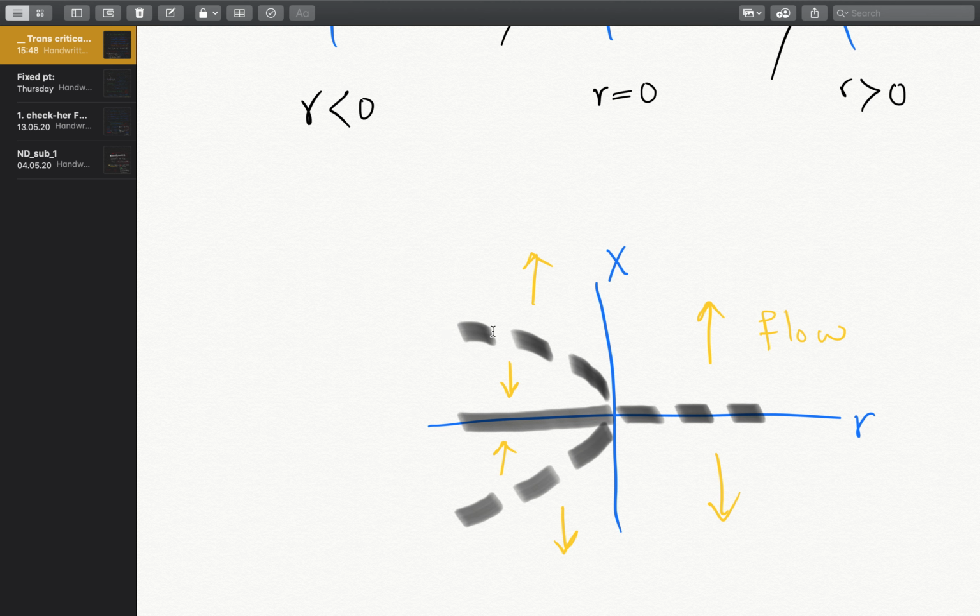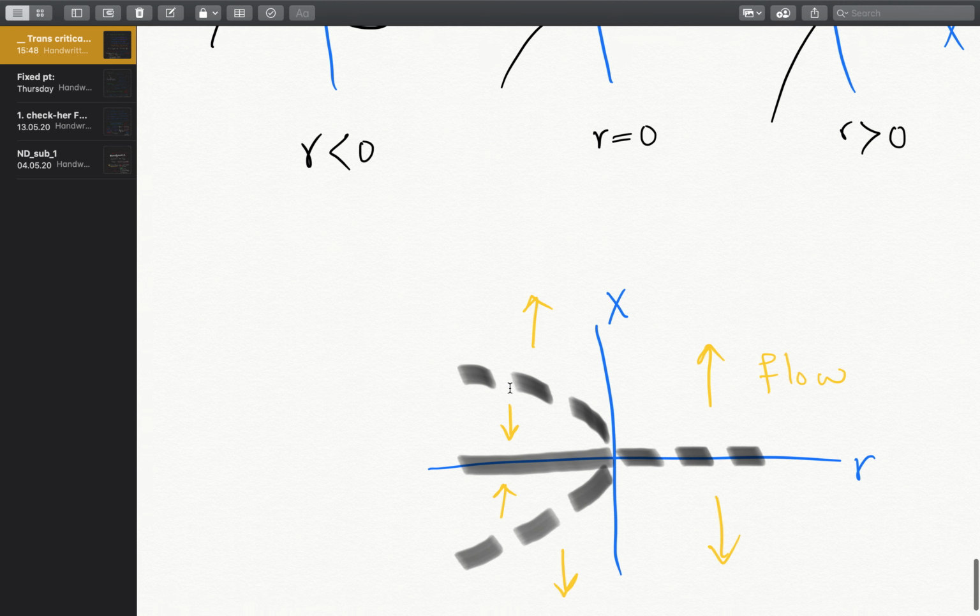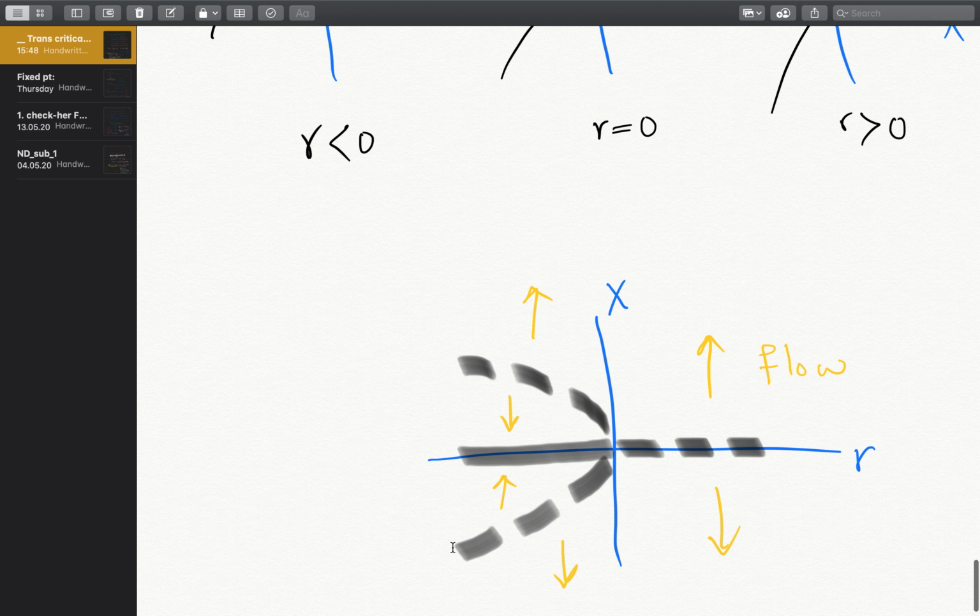you can see that the family of stable fixed points is going to become unstable, which corresponds to the origin. And these two unstable fixed points, which correspond to these two parabolic shapes, are unstable, and after r0 they don't exist anymore.